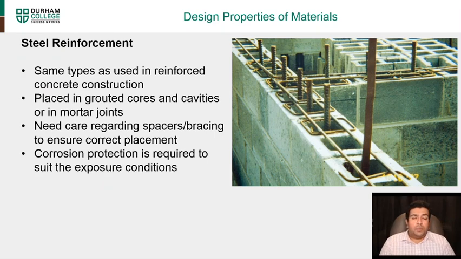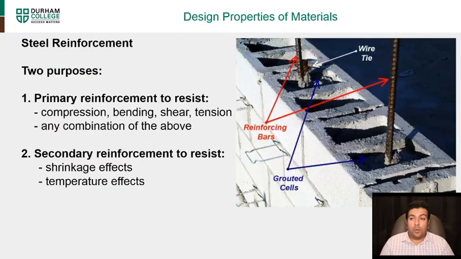Next is reinforcement. Reinforcement is the same that we use in concrete construction. It's placed in grouted cores and cavities, and you need care regarding spacers and bracing to ensure correct placement. Spacers are used to hold the rebar in the middle to give the right compressive or tensile strength that's required.